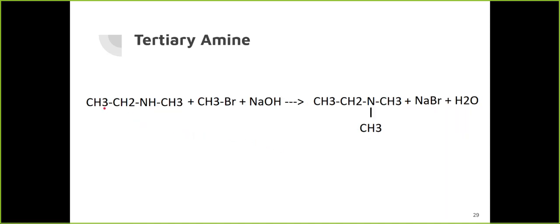And then you can take a secondary amine and again react it with another halogenated alkane, and you get your tertiary amine. So you've got an ethyl group and a methyl group still there, and then it adds this R chain, this methyl group, onto there as well.